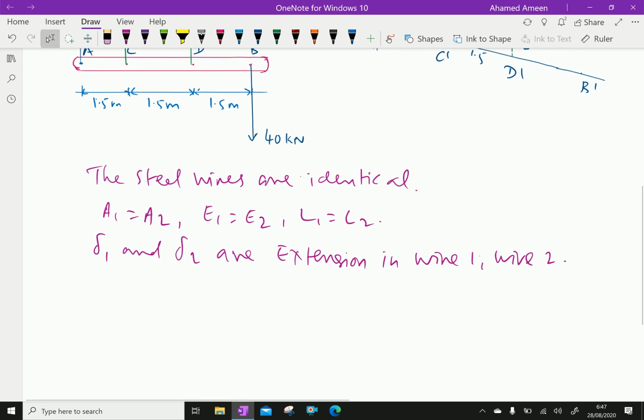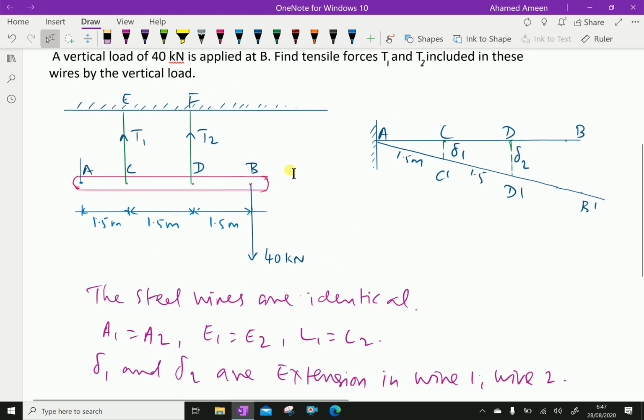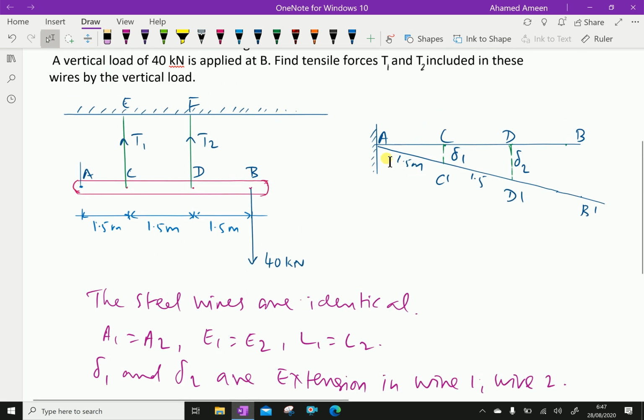From the geometry of the figure, after loading the rod is rigid, therefore there is no bend, and using similar triangles, delta 1 by 1.5 equal delta 2 by 3.